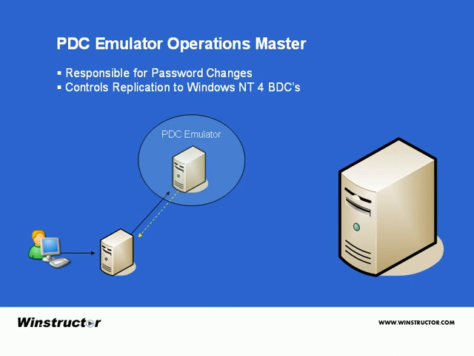The PDC Emulator does have another special power as well. It handles account locking or unlocking as well as high-speed password replication. Generally speaking, replication of any other Active Directory object doesn't happen quickly, but the two main exceptions are passwords and account lockouts. Now let's face facts here.